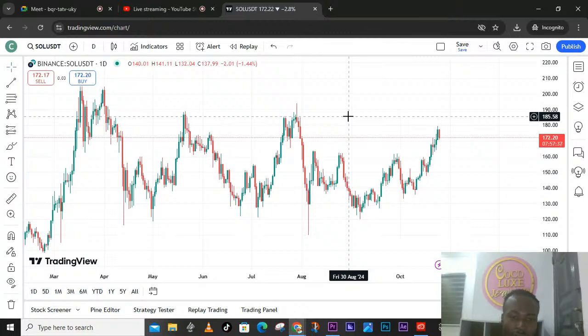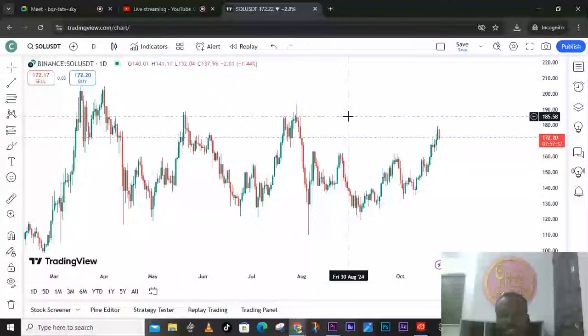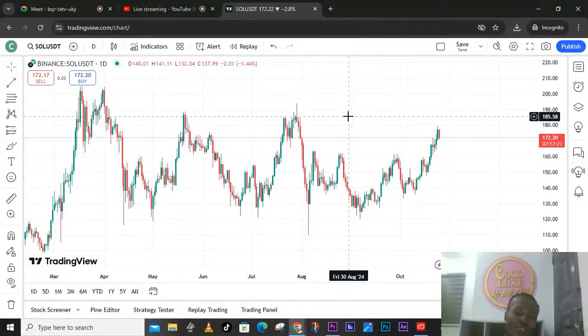So, the number one answer to that question is the market is very dynamic. As traders, we can't say this is where the market is going to go. Let's say for example, you are walking on the roadside, maybe on a highway.